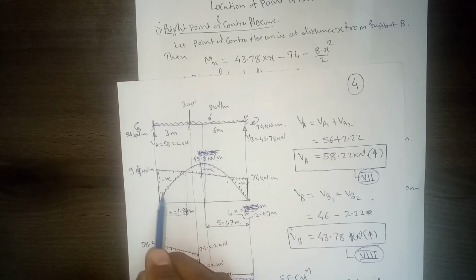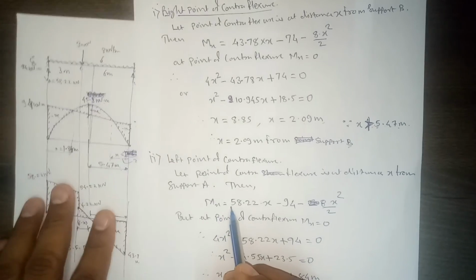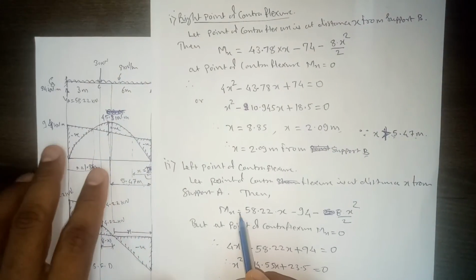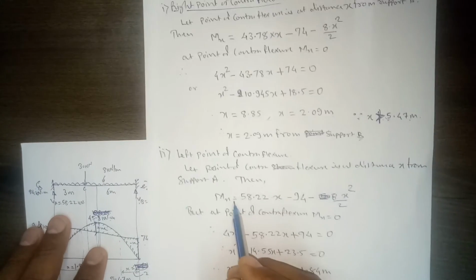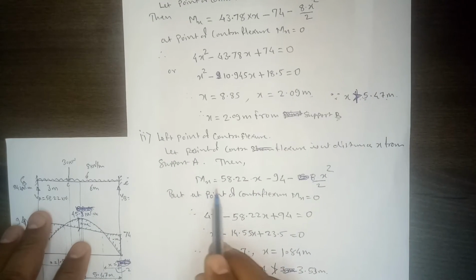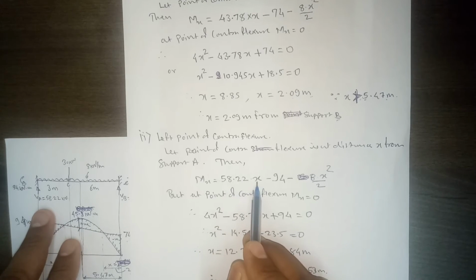Now we will write the Mx equation for the left hand side point of contraflexure. So again Mx is equal to 58 into the x distance.